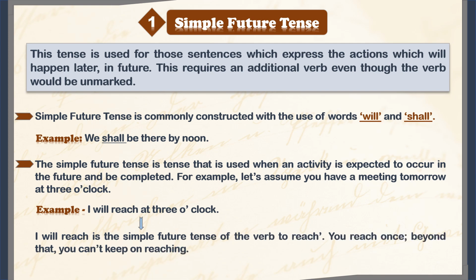For example, let's assume you have a meeting tomorrow at 3 o'clock. Example: I will reach at 3 o'clock. Here you can see, I will reach is the simple future tense of the verb to reach. You reach once, beyond that you can't keep on reaching.